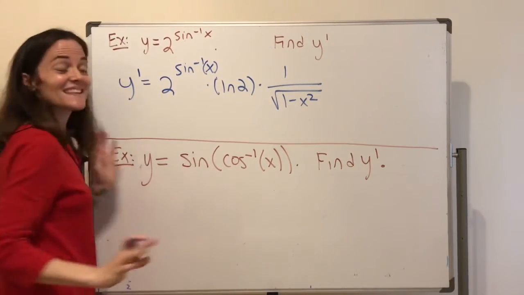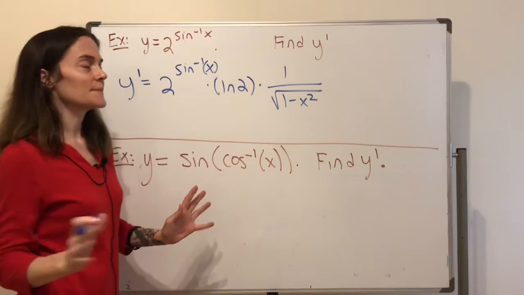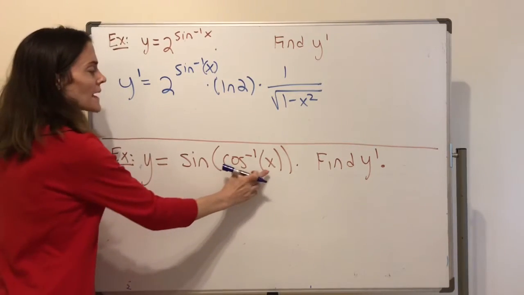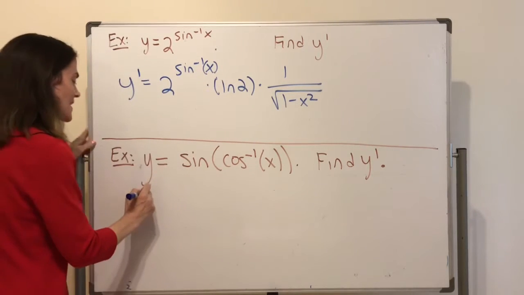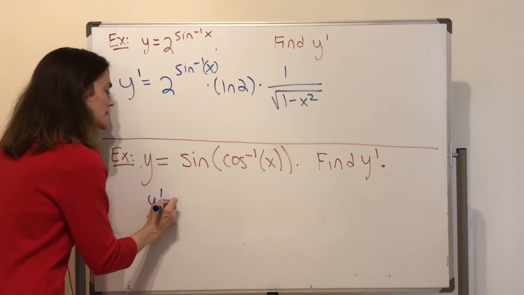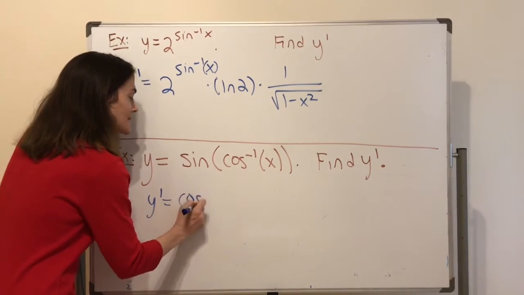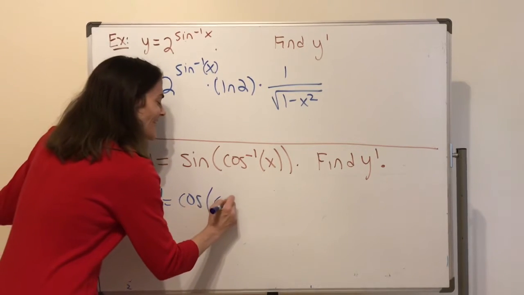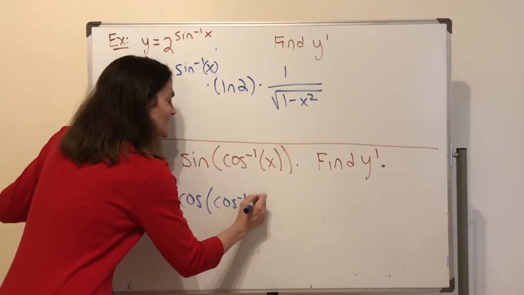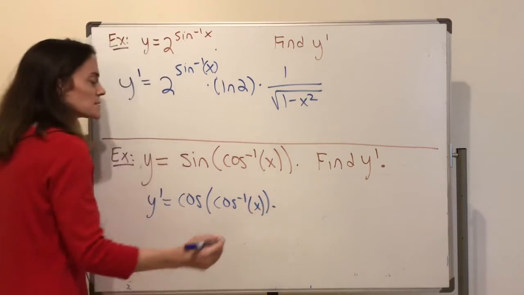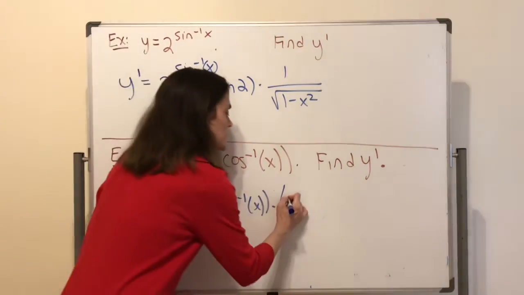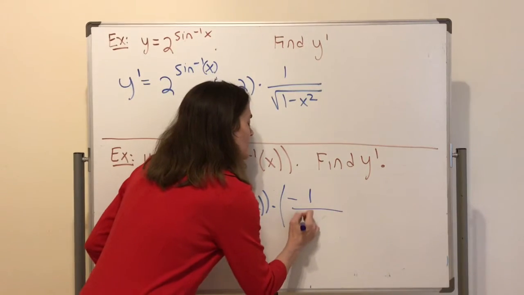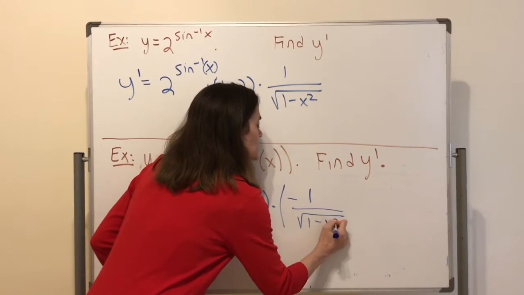Now, this is another composition, chain rule. My inside function is cosine inverse and the outside function is the sine. Y prime is derivative of sine is cosine, evaluated at the inside function, and then times the derivative of the inside function, which is minus 1 over square root 1 minus x squared.